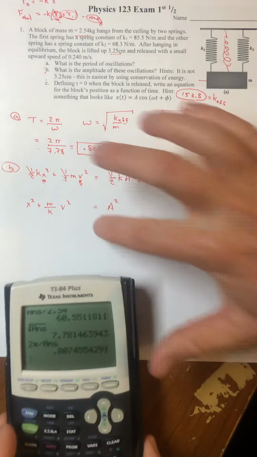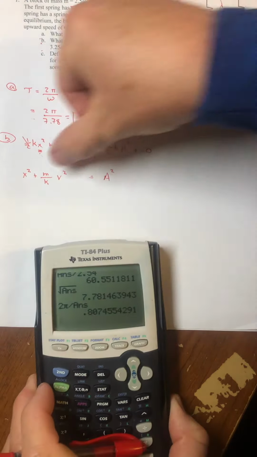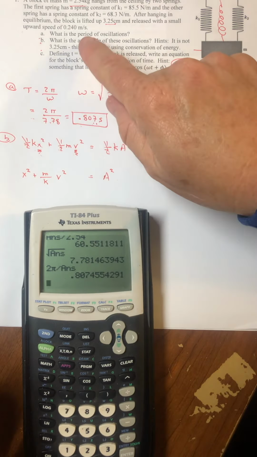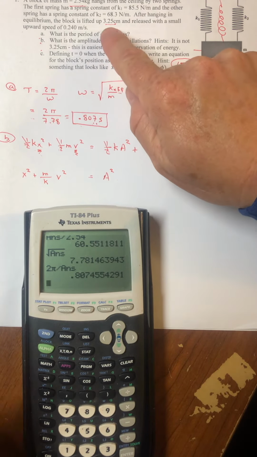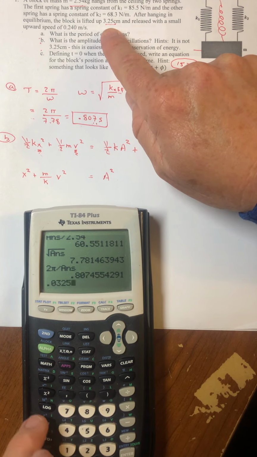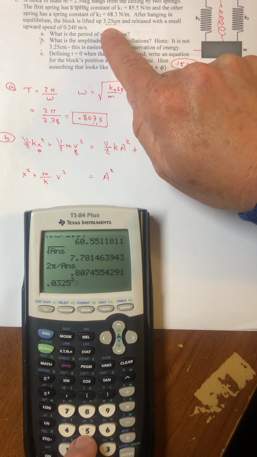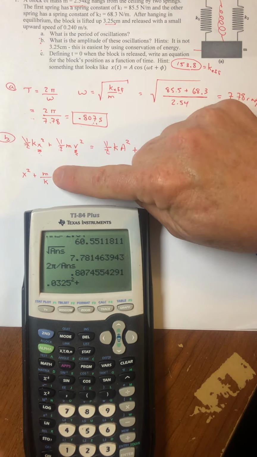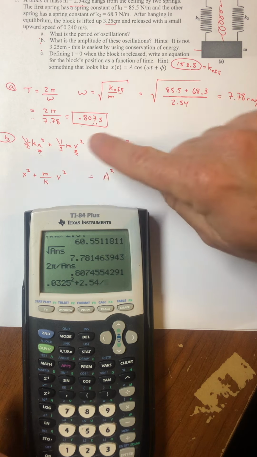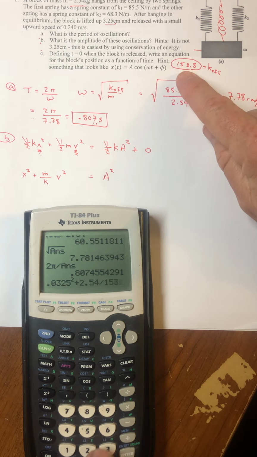Okay, so using this conservation of energy and this formula, my original lifting up, and I'll do it in meters, is 0.0325 squared. I'll add to it the mass, 2.54 divided by the k, 153.8.